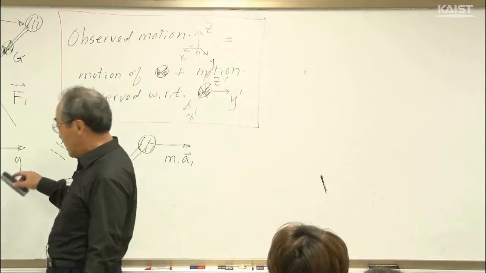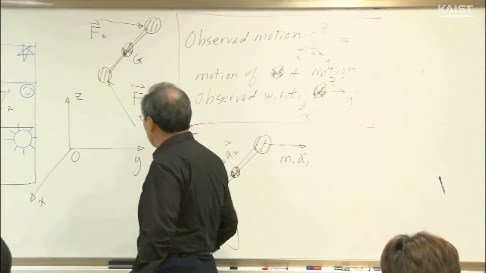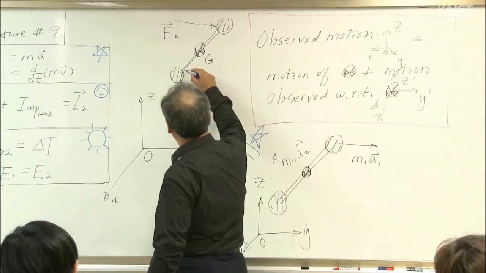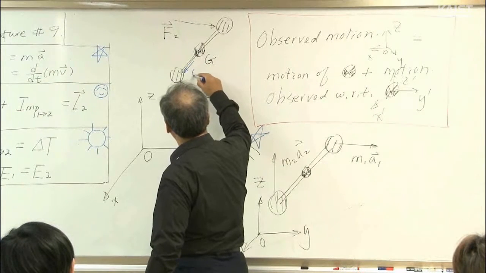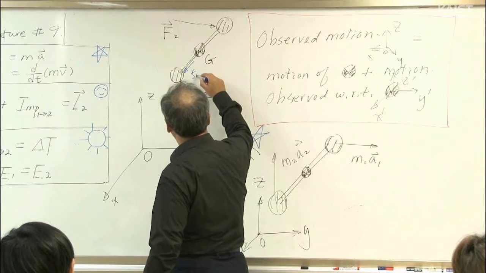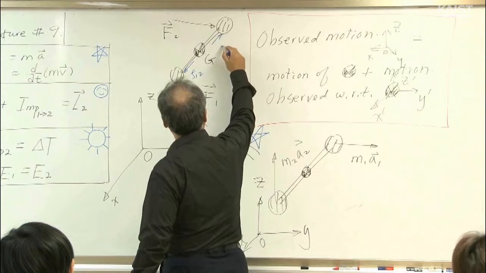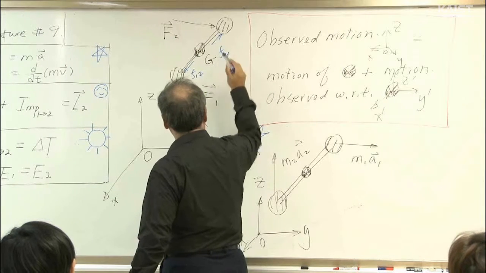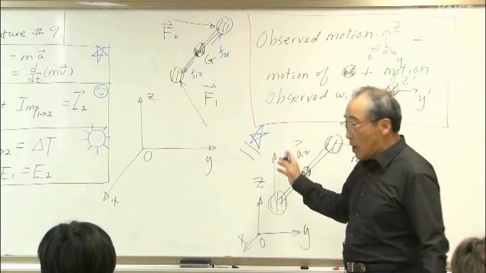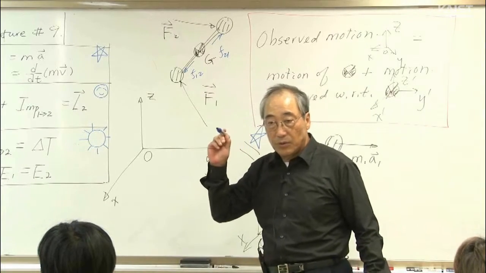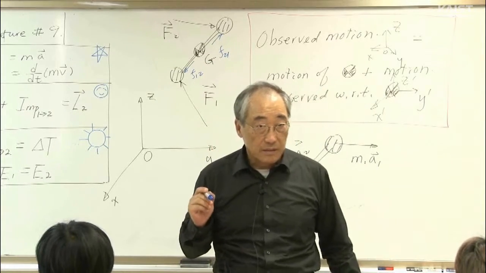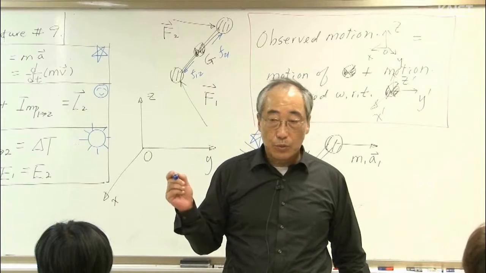If somebody asks, no, it is not correct, we have to consider the internal force F12, F21, because Newton's second law is applied to each particle. Which one is correct?